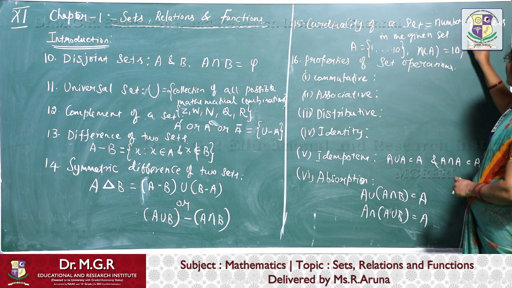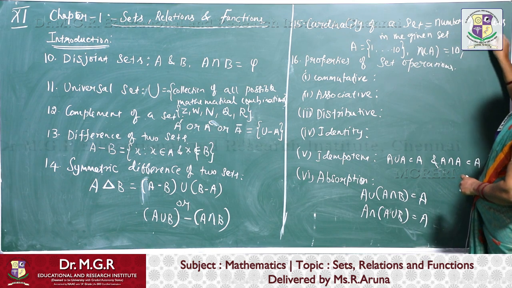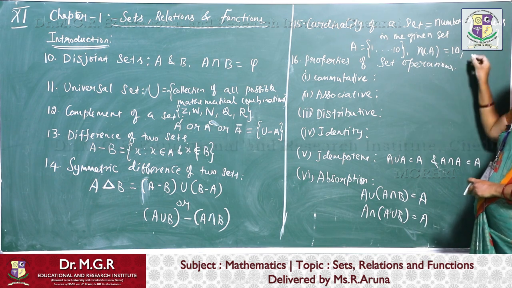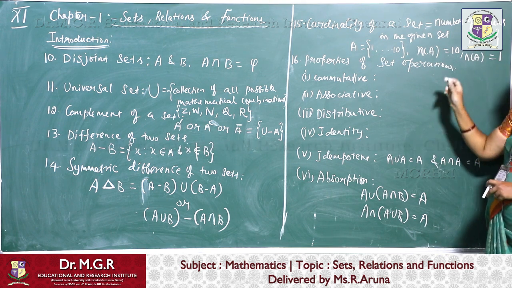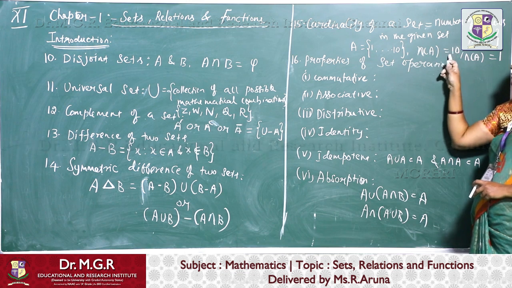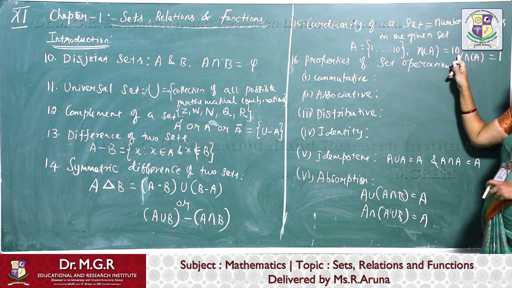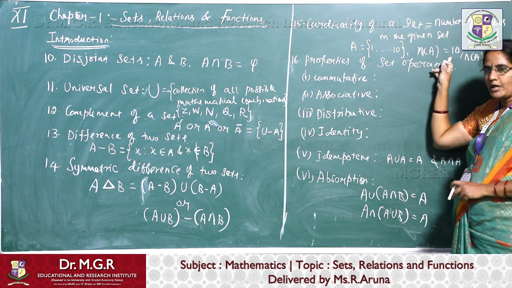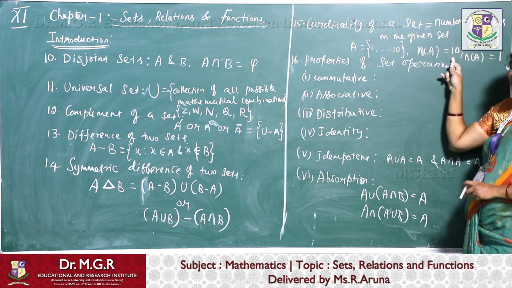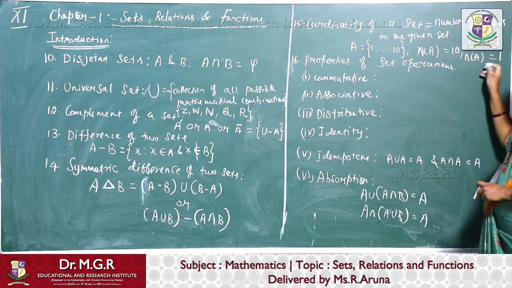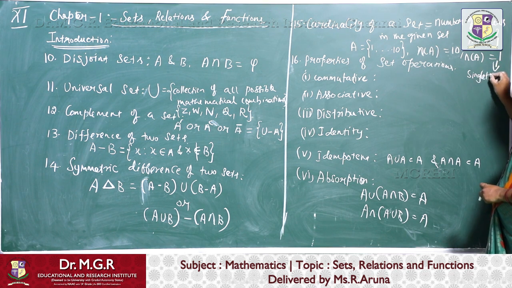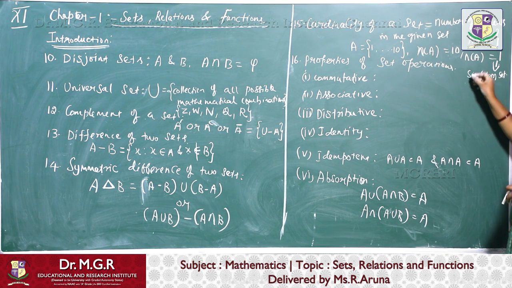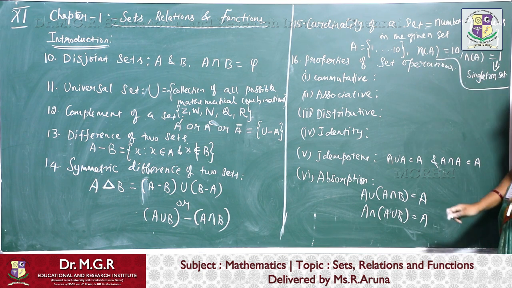Suppose A contains only one element called 5, then what is n of A? Which is 1. Note that we are not going to put a set bracket for this number because it is just a number. We should not have any braces here. So if n of A is equal to 1, then this is called a singleton set, since it contains only one element.